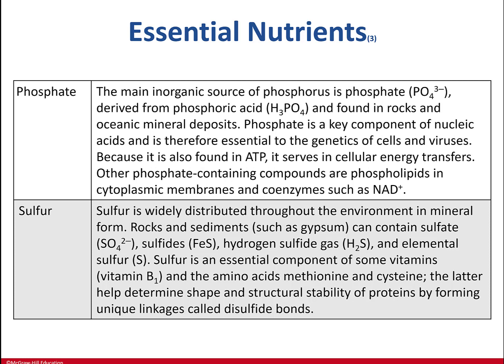Phosphate, the main inorganic source of phosphorus, is derived from phosphoric acid, H3PO4, and is found in rocks and oceanic mineral deposits. Phosphate is a key component of nucleic acids, of course we know that.